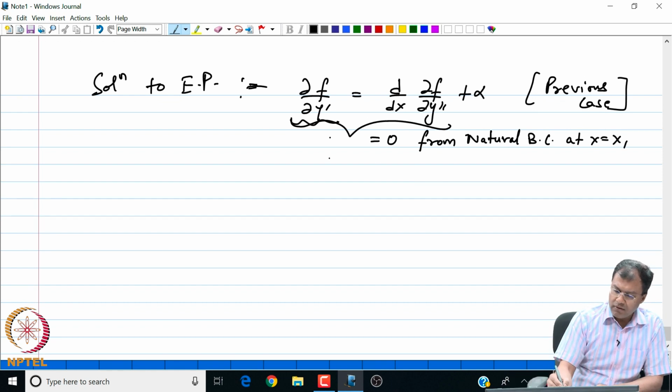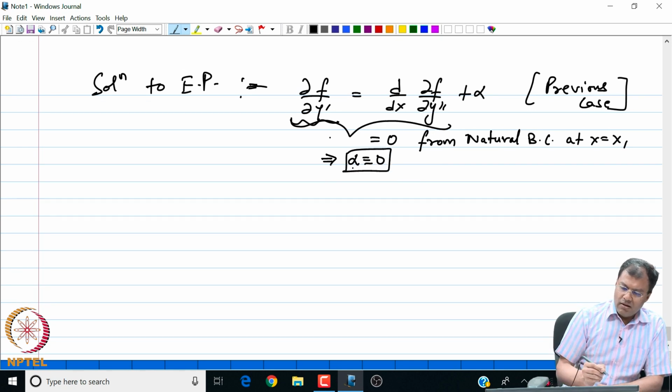So that brings in the conclusion that my alpha will be identically equal to 0. Alpha is a constant, and that will be 0.